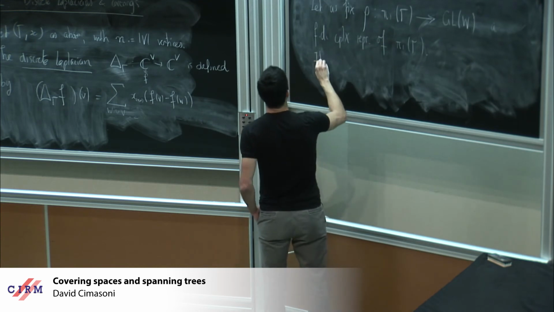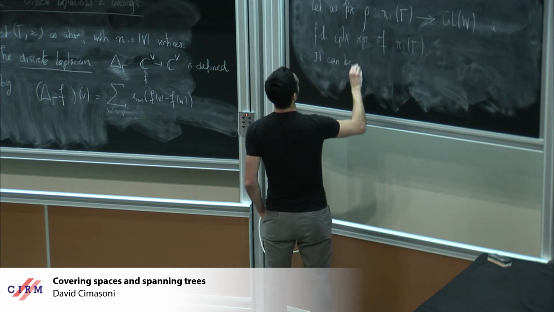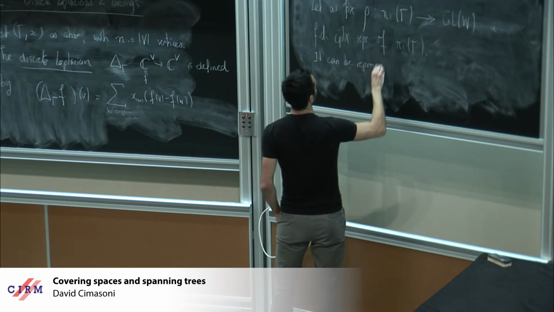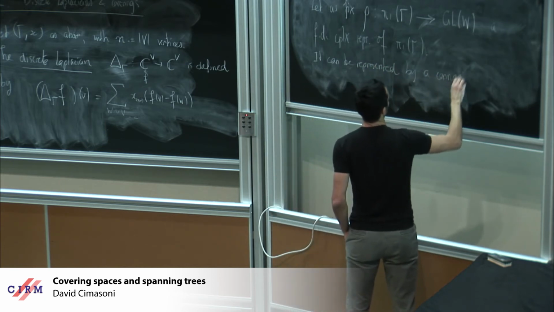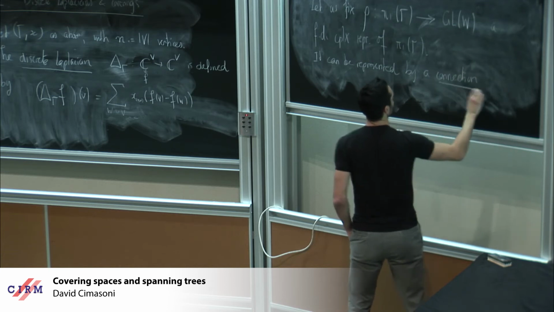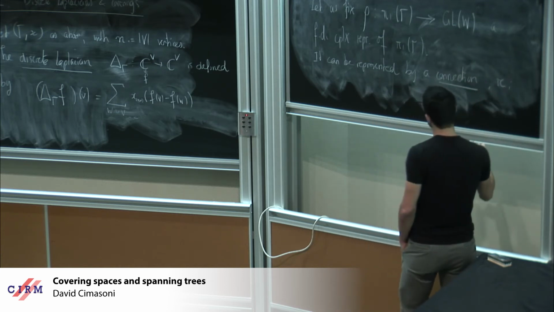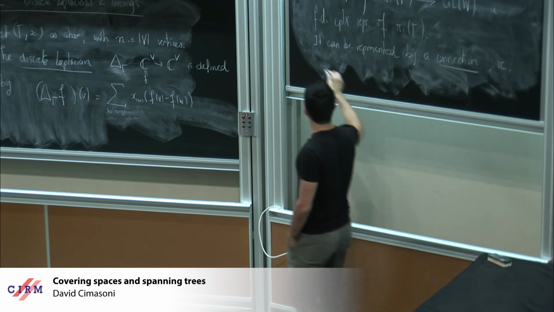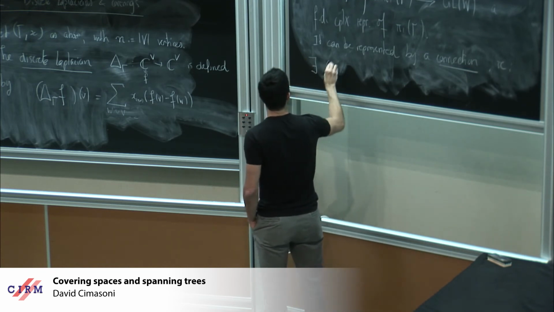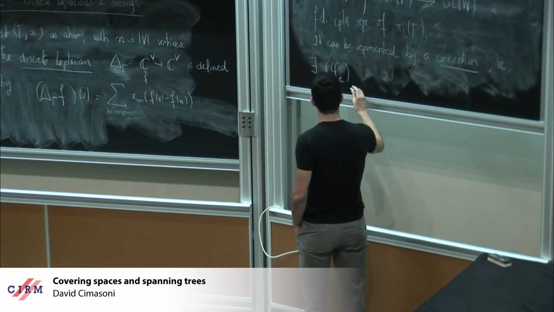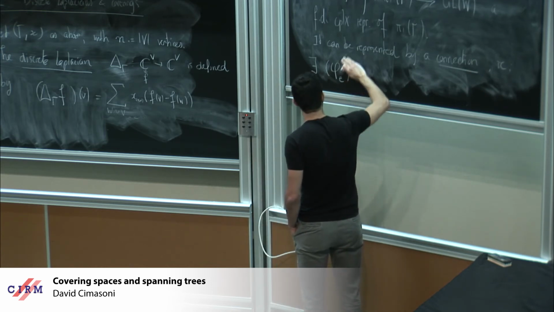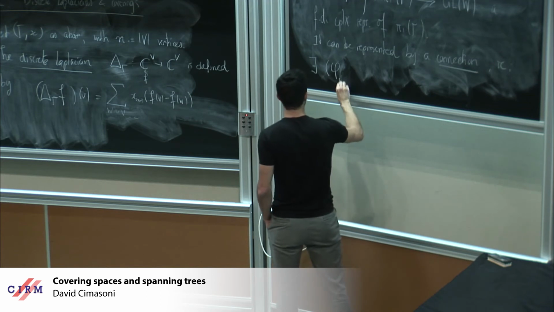It can be represented by a connection. That is, so I'm defining now what this means. There exists a set of, okay, so here again I'm going to use this notation.